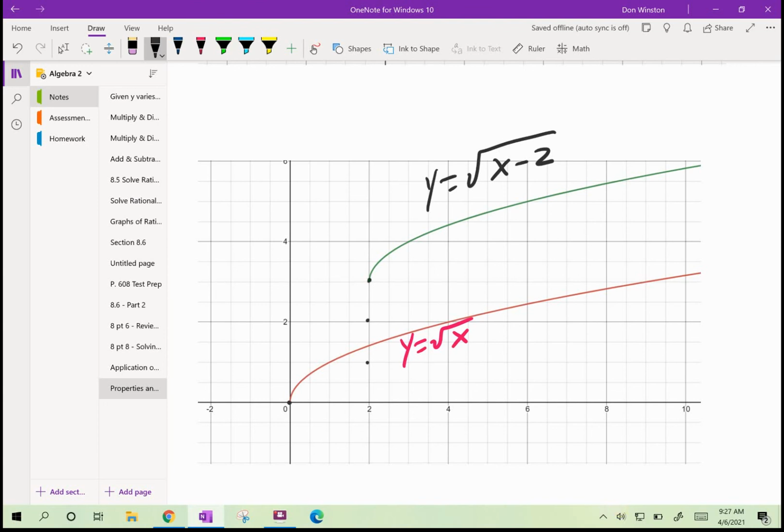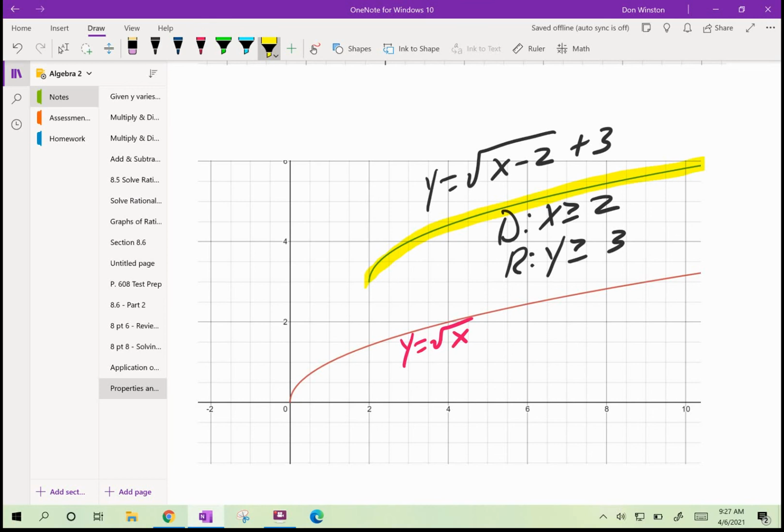So I shifted it up 3 units. So it'll be y is equal to the square root of x minus 2 plus 3. My domain now has to be x is greater than or equal to 2. I can't have an x that's less than 2, otherwise I'll get a negative underneath the radical. And then my range will be y is greater than or equal to 3, because the lowest the y values get is 3. And then it goes on forever.